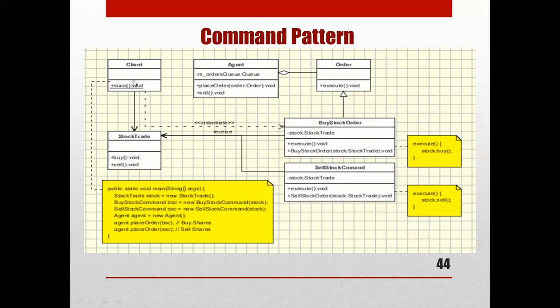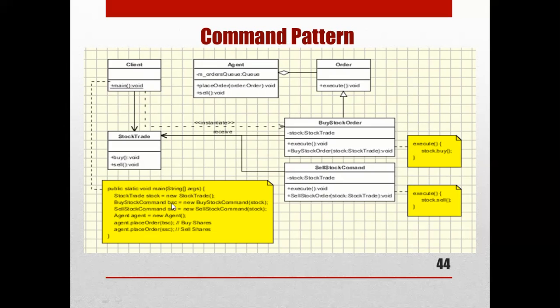Here you can see the main class from the client, public static void main, String arguments. Client is the main class. Here is the StockTrade class. The client creates the object for it: stock is equal to new StockTrade. We are going to execute the buy and sell methods, stock.buy and stock.sell. Then another class is there, BuyStockOrder.